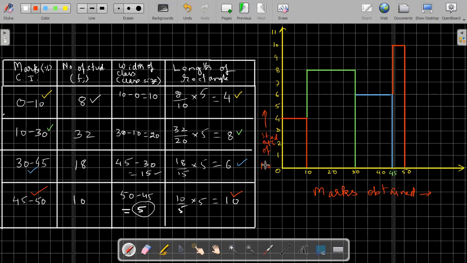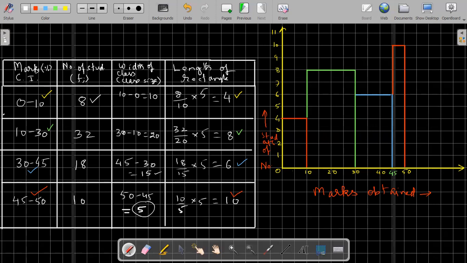You don't write it like this, you can write it like this. The number of students on this side, marks obtained on this side. This is for height. You can also show height.